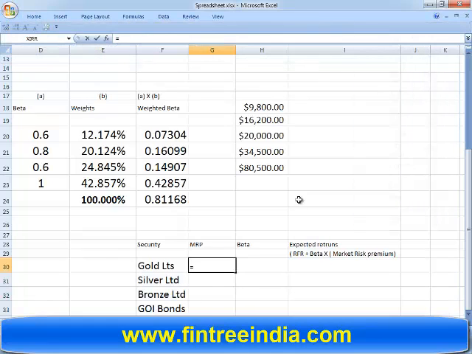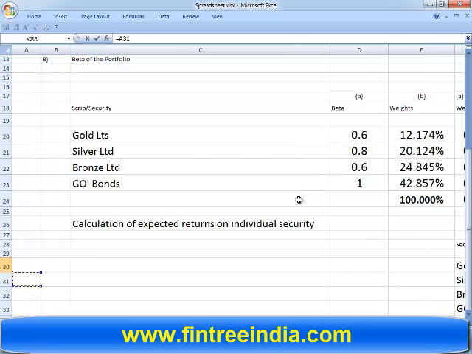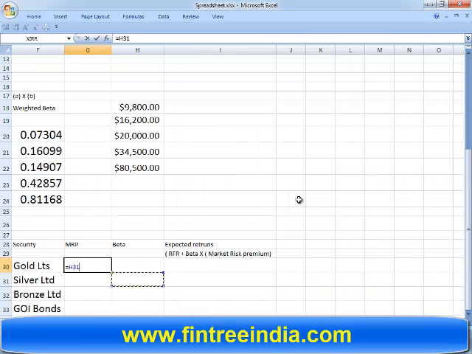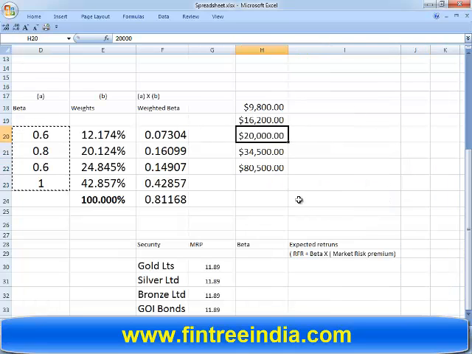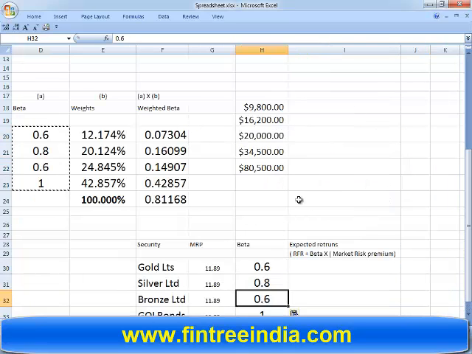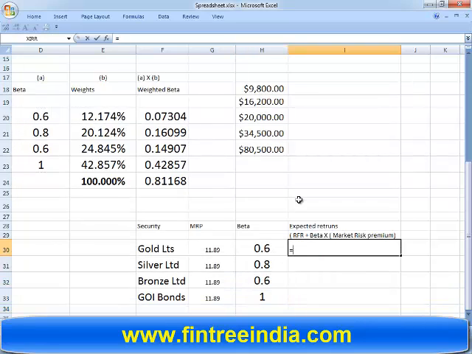Market risk premium would be return on market, which we calculated to be how much? 17.72 minus 5.83, and the market risk premium of course remains same, so we just plot it here. Then individual betas, just plot them here, and then calculate expected return, which would be equal to this number plus RFR of 5.83.